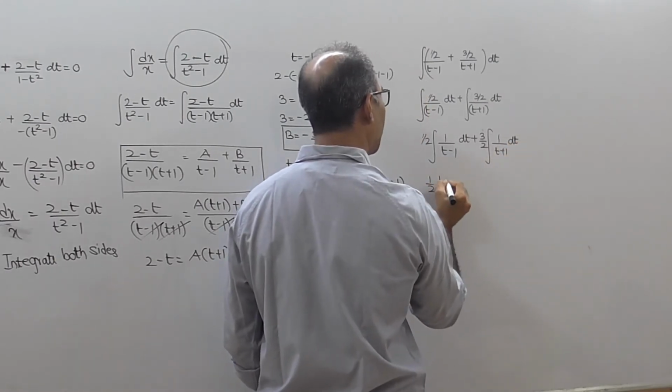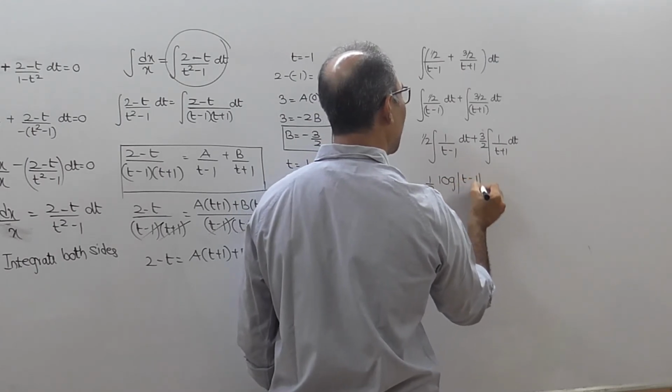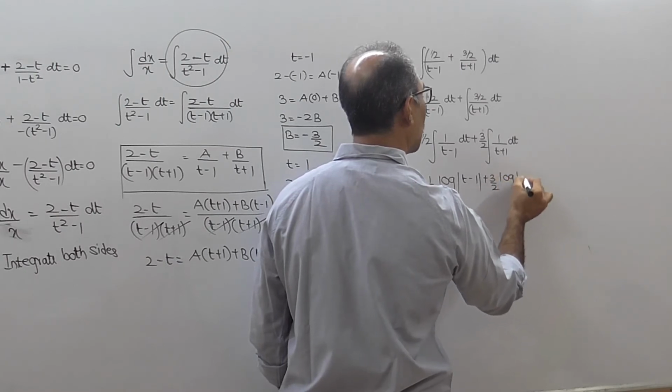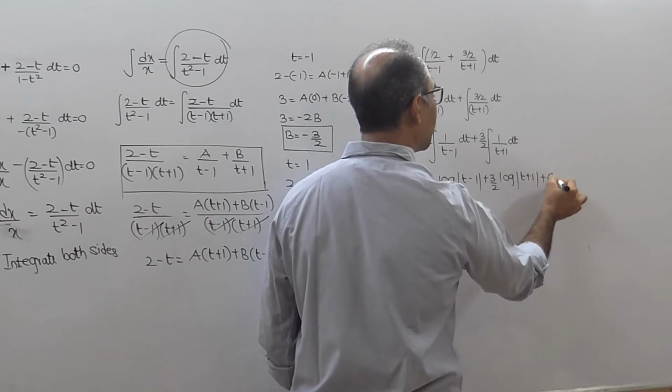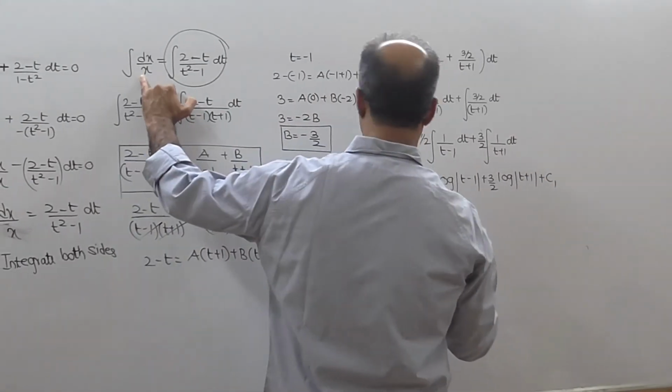This is half log modulus t minus 1 plus 3 by 2 log modulus t plus 1 plus c1, you can take.